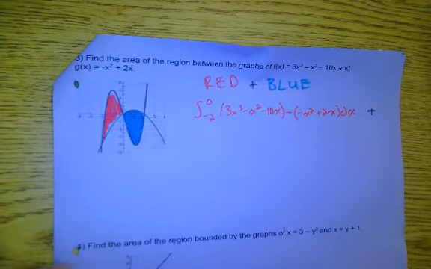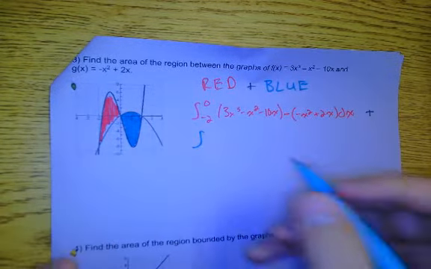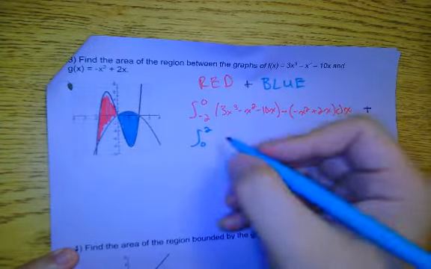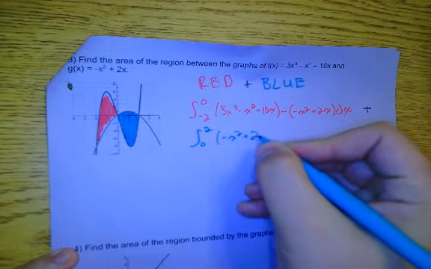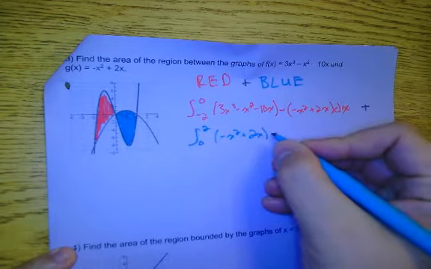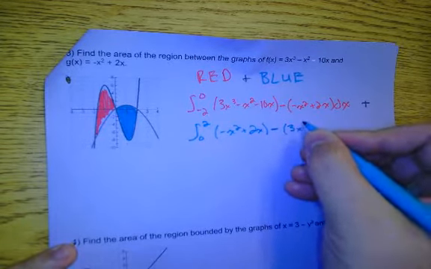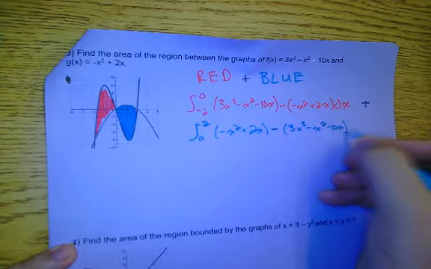Plus, let's do blue. What are my bounds for blue? 0 to 2. What's my big one? Minus, what's my little? Very good, class. It's 3x cubed minus x squared minus 10x.